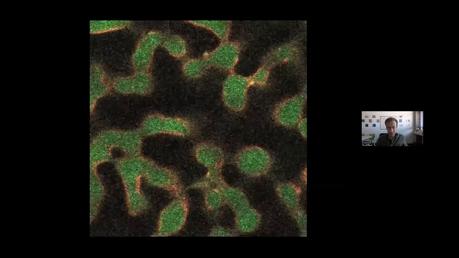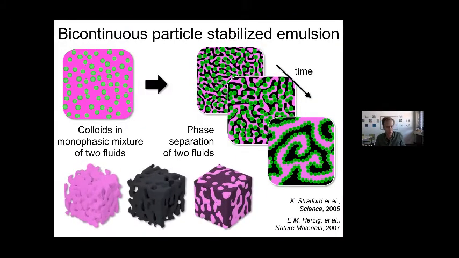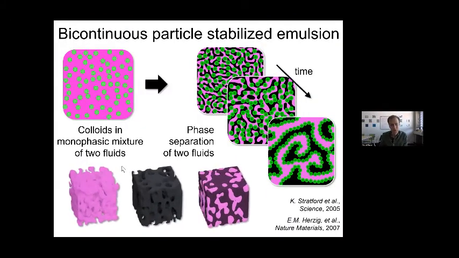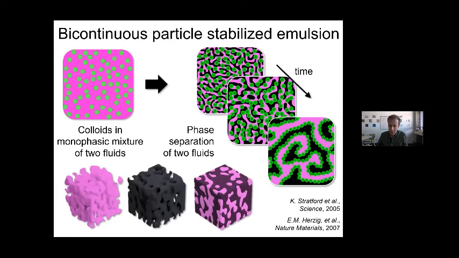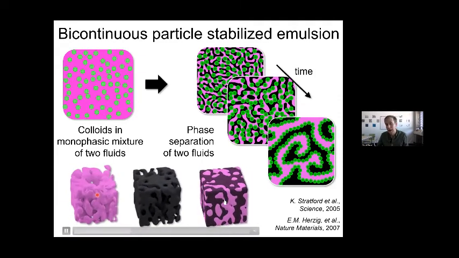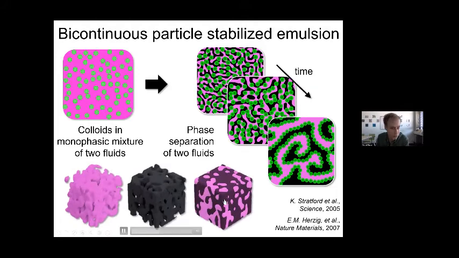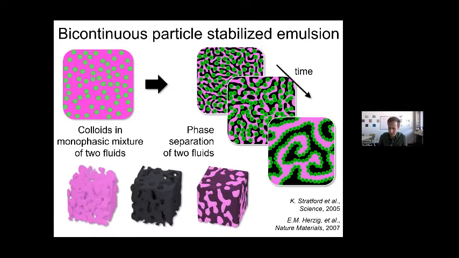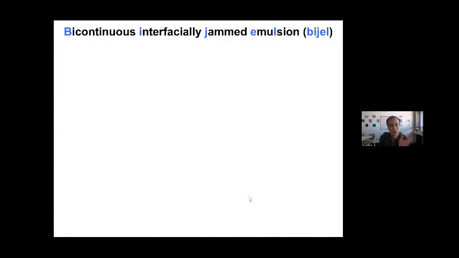And as a result, you get a fluid bicontinuous gel, where both phases, the oil and the water, are intertwined and both of them continuous. So these materials are also known as so-called bicontinuous interfacially jammed emulsion gels, short bijels.